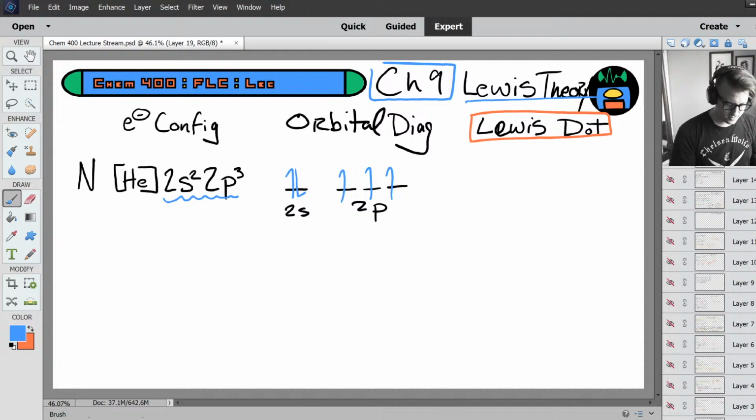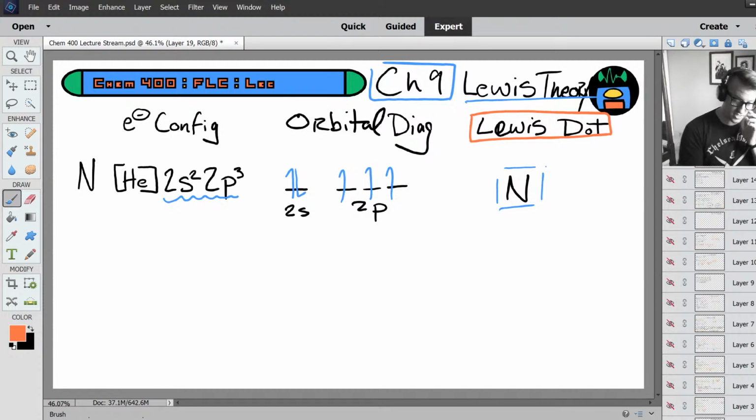I'm going to write that out. So we have four sides going on, and then you depict the electrons as individual dots.